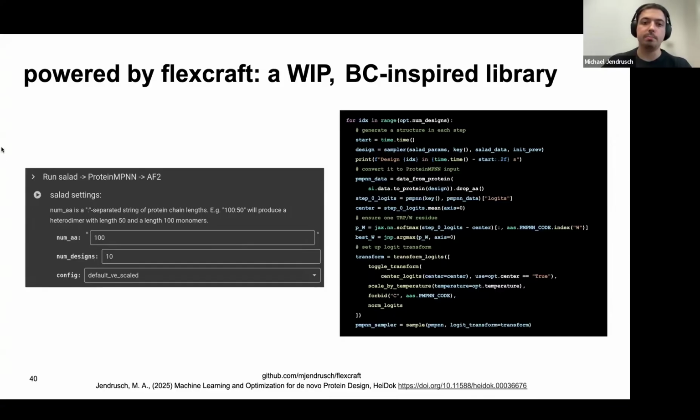And so this library that is currently on GitHub is called FlexCraft because it's a BindCraft-inspired library. What it does is it provides the tools to stick together Salad with AlphaFold, with ProteinMPNN, and with a whole bunch of other tools for protein structure prediction and protein design, also Rosetta, for example, to build these end-to-end pipelines.